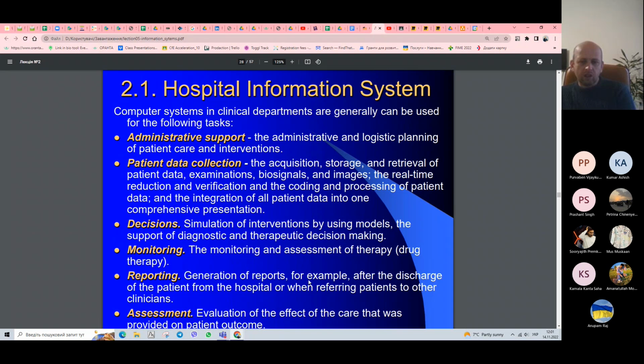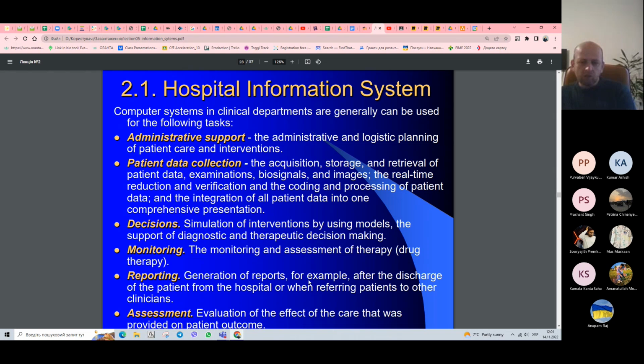Patient data collection, which includes acquisition, storage, and retrieval of patient data, examinations, biosignals, and images, the related time reduction and verification, and the coding and processing of patient data, and the integration of all patient data into one comprehensive presentation. Decision: simulation of interventions by use of models, the support of diagnostic and therapeutic decision making.